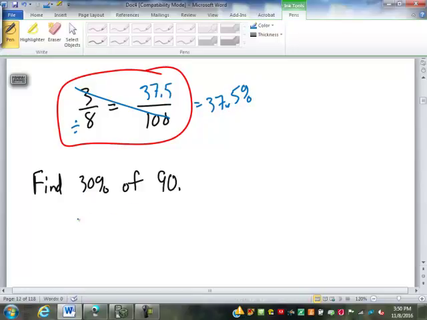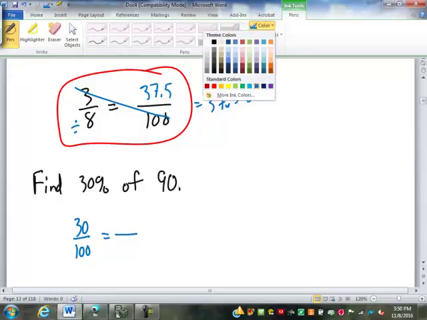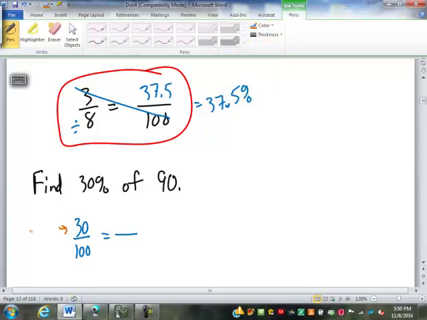So we're going to start with that percent. 30% becomes 30 out of 100. Now on the other side, all I have to do is match things up. The 30% is what is often referred to as a portion. It is a piece of a larger whole amount that we are interested in.